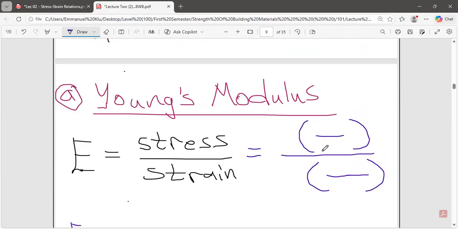So the load, we are going to use the load in the straight line all over the A, the original area. And our strain is just going to be change in length over the original length.